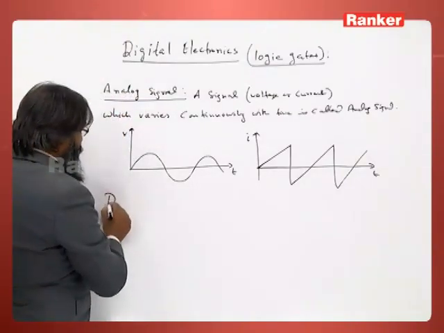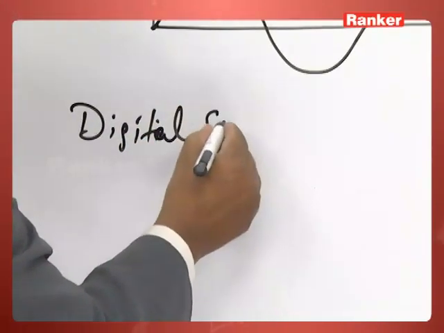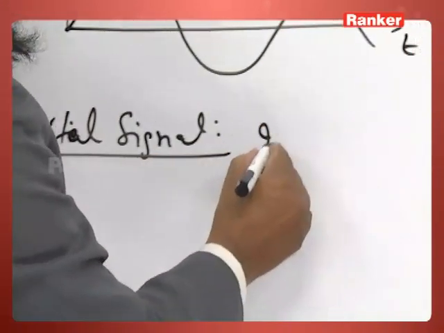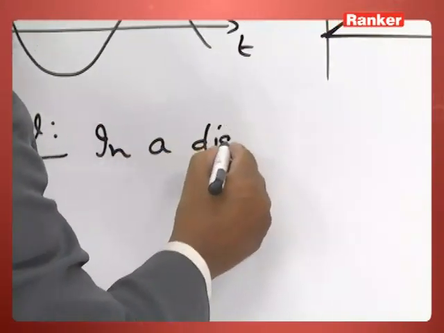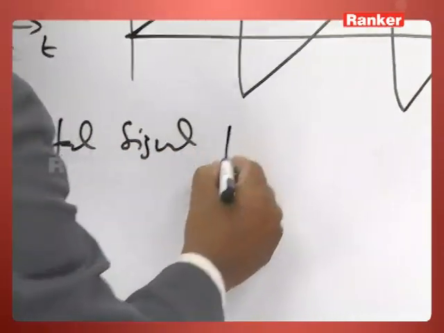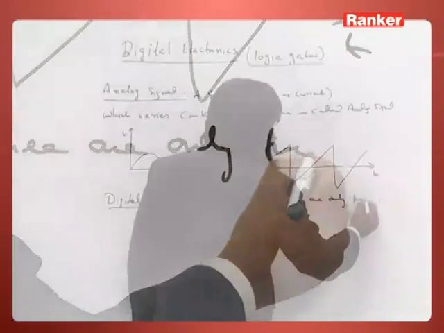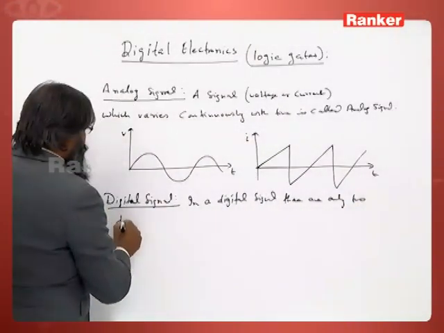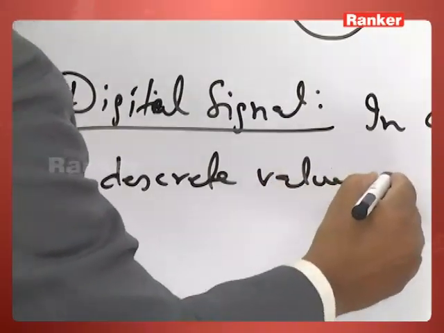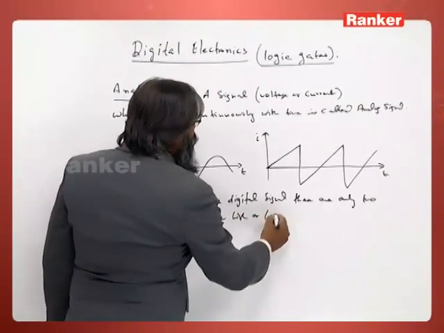Now, digital signal. In a digital signal there are only two discrete values, either high or low.